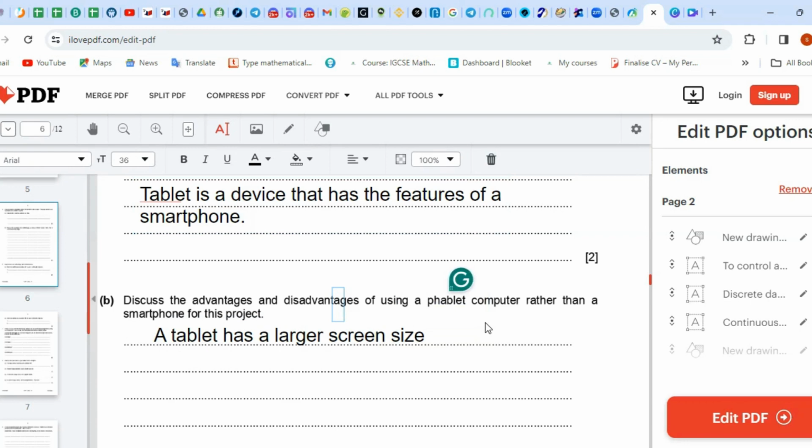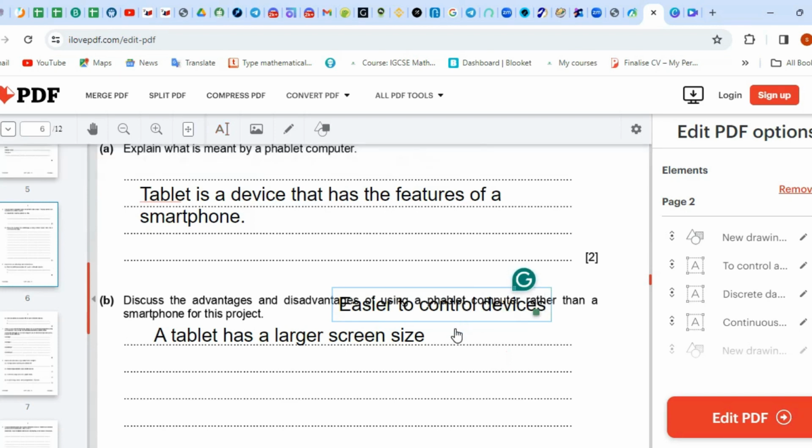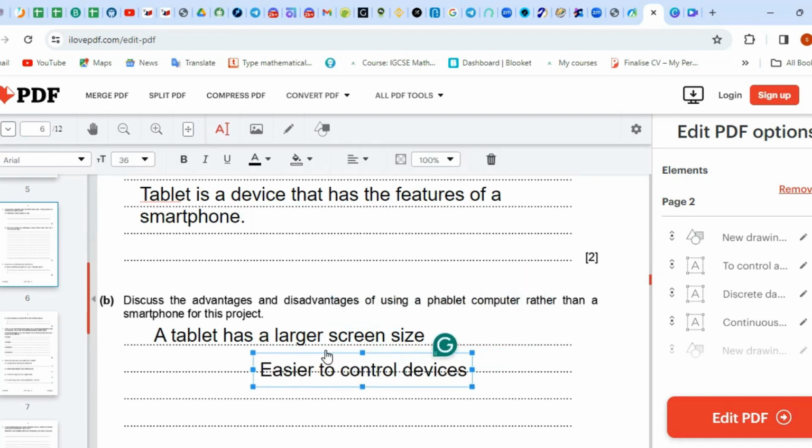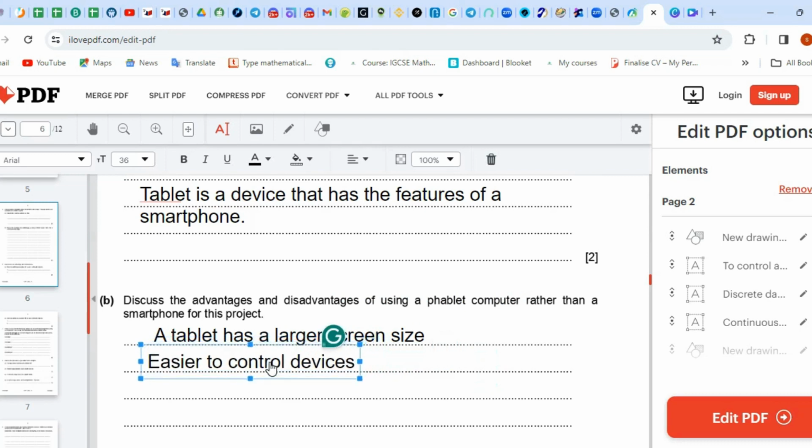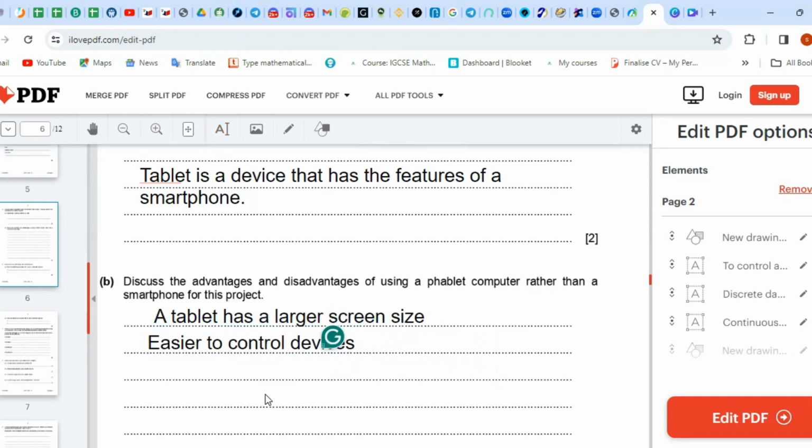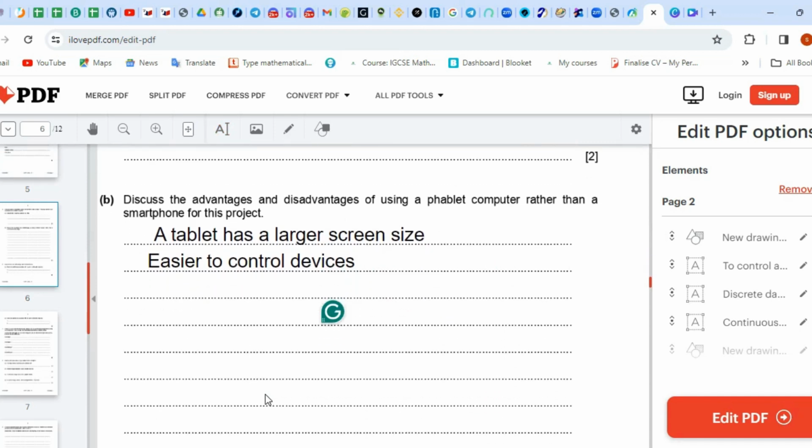Another advantage is that it is easier to control devices on a tablet. So that means when you are using a tablet, it is easier for you to control whatever device you have attached to it, unlike a smartphone.